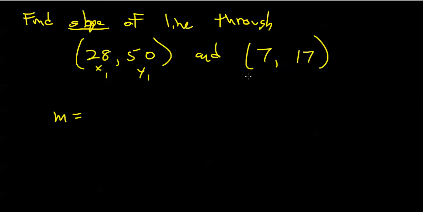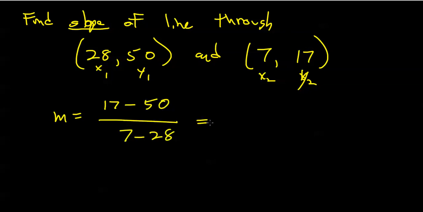Again, I'll let the first point be x1, y1, the second point be x2, y2. It really doesn't matter. You can label these points in any order you wish. Y2 minus y1 over x2 minus x1.